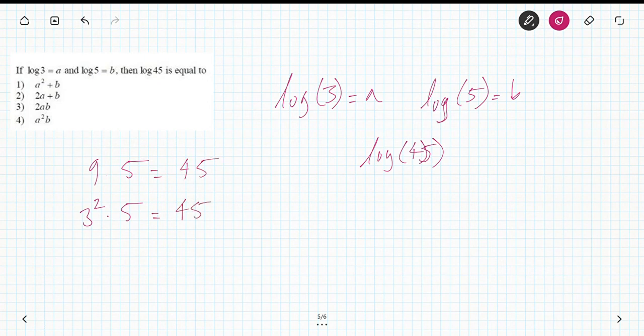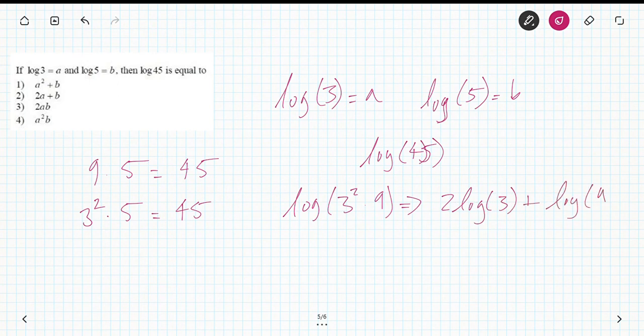So let's express this as the log of 3 squared times 5, and that will give me 45. And this is nothing but 2 log of 3 plus the log of 5.